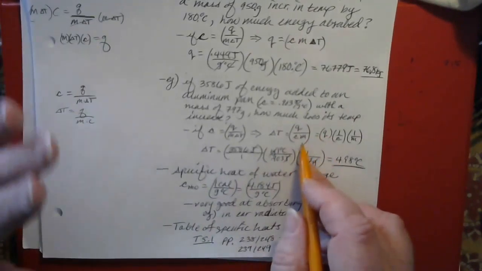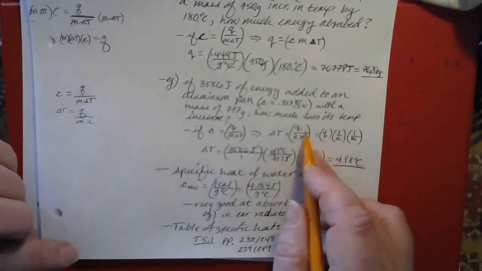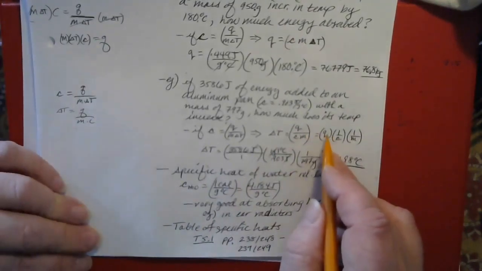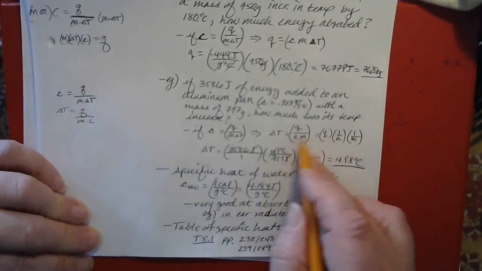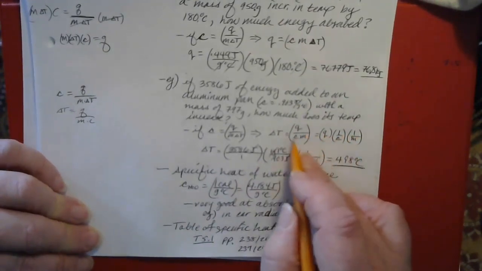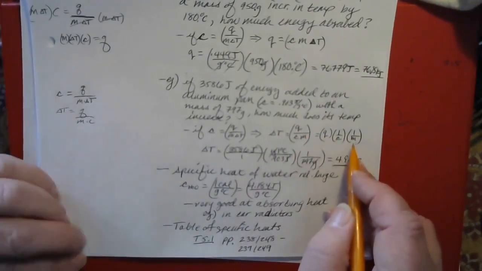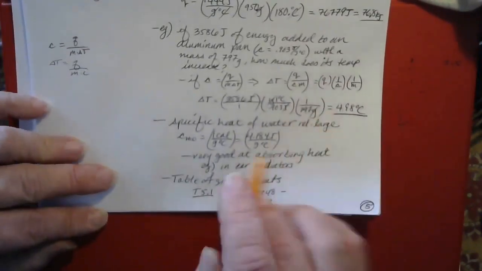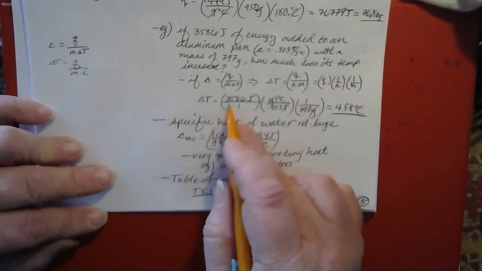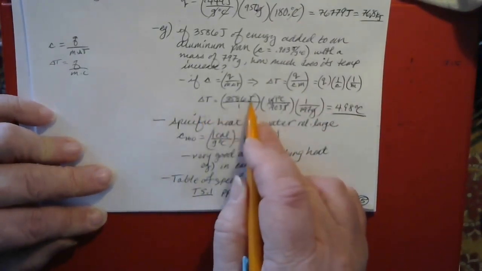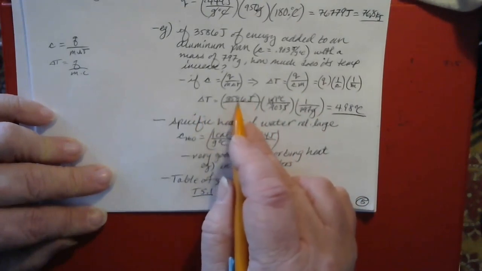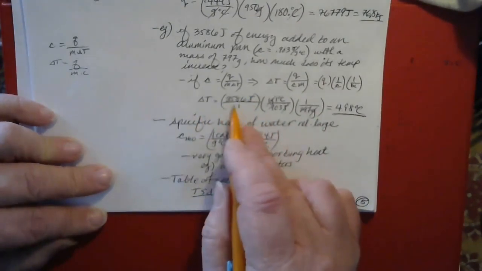In order to make the units clearer, I'm going to consider this to be equivalent to Q times 1 over C times 1 over M. That means the same thing, but it'll make the units easier to follow. So delta T should be 3,586 joules, and that's in the numerator. I just put a 1 in the bottom to make it clear.